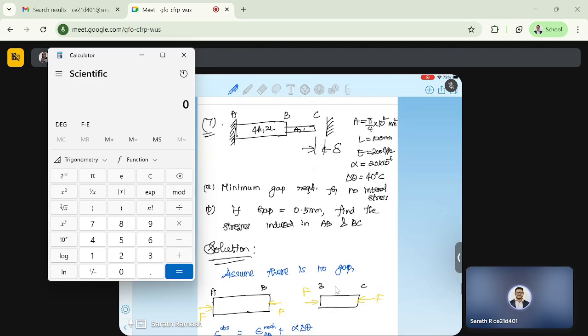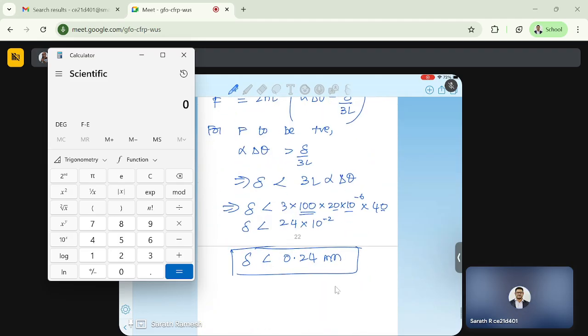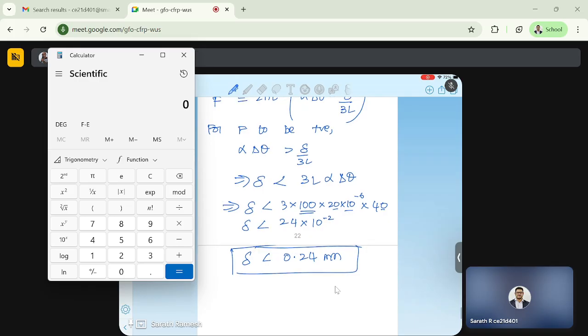It should have been 0.2, so let's rectify it and take 0.2, because with 0.5 mm again no internal stress will be there, so there's no point in doing the same. I'm going to assume the gap equals 0.2 mm.